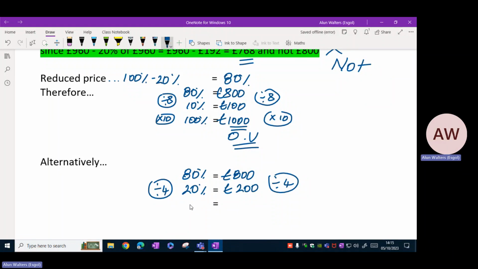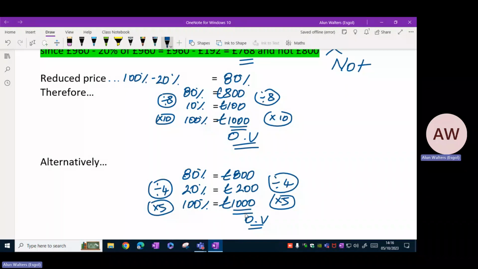You could choose to add them to get 100% on the left, but I'm going to multiply 20 by 5 and multiply 200 by 5 to get £1,000. So the original value is £1,000. I did mention you could add up the 80 and the 20 to get 100. You could add up the 800 and the 200 to get £1,000.